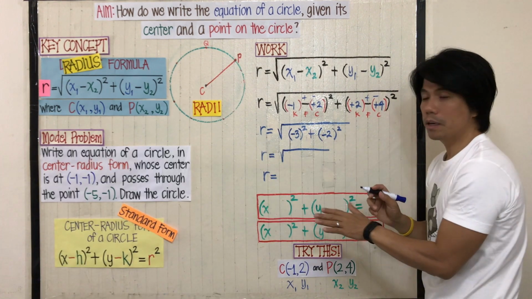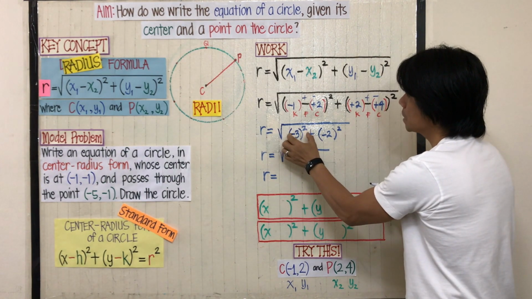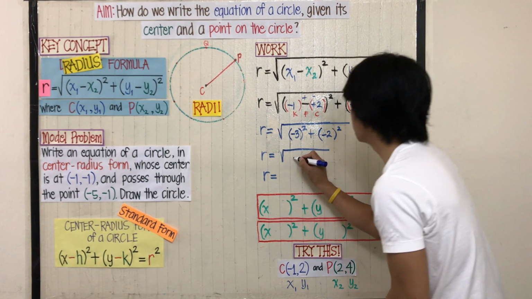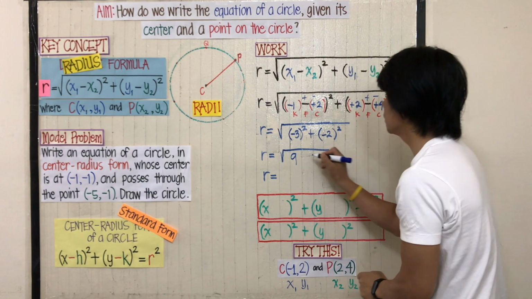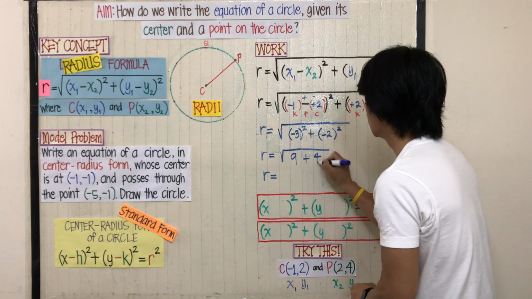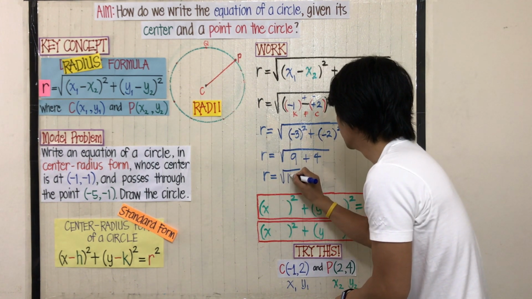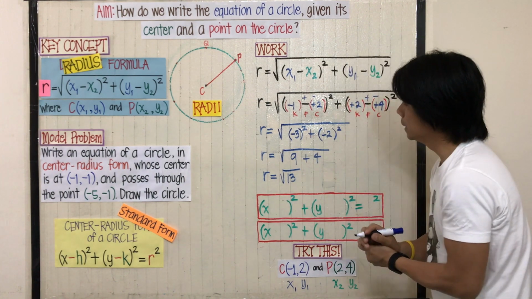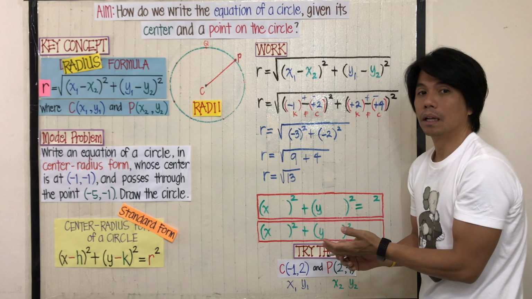Now moving forward, -3 squared or -3 times -3 is +9. -2 times -2 is 4. +4, if you add them up, that's the square root of 13. Now, can we take this further?